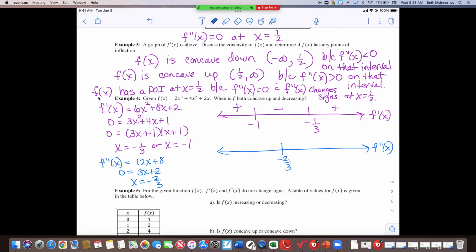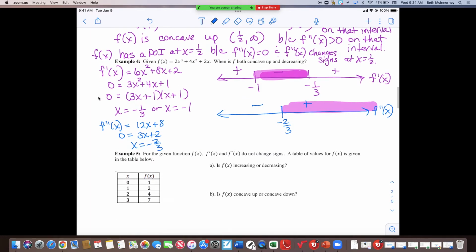So let's do a sign chart here. If I put in 0, that's positive. If I put in -1, that's negative. So if I use a highlighter, here's decreasing and concave up. So where do they overlap? Like where would you see both? Yeah, Maxon? Good job. Okay.